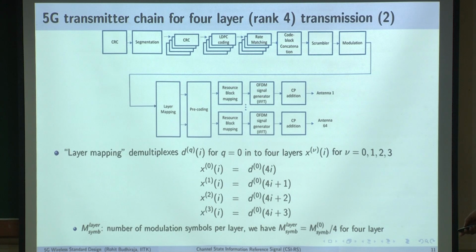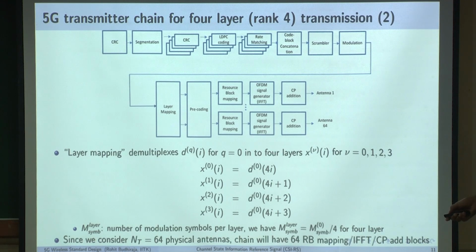Since we considered NT equal to 64 physical antennas, the chain will have 64 resource block mappings, and 64 IFFTs you will need to take, because you are creating 64 resource grids, and you will have CP and the rest of the chain accordingly.